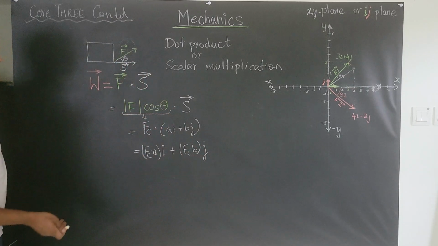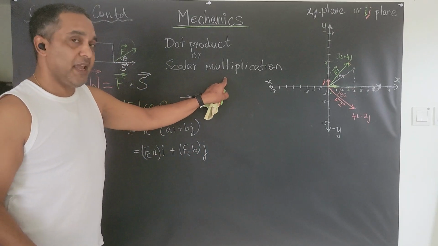That would be my resultant vector. And that is why it's a scalar multiplication.